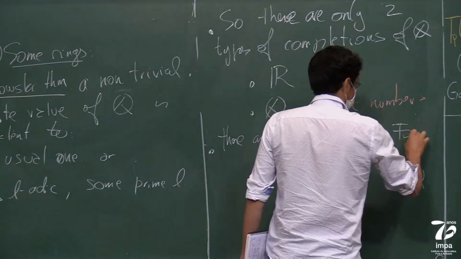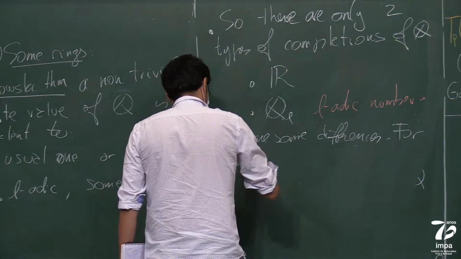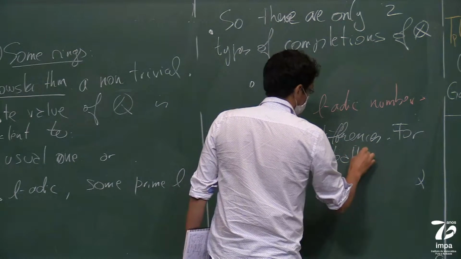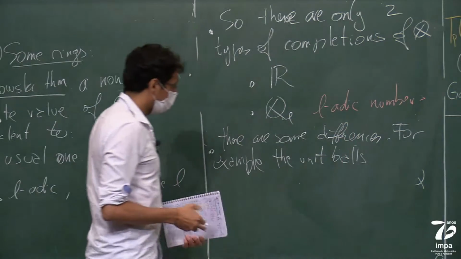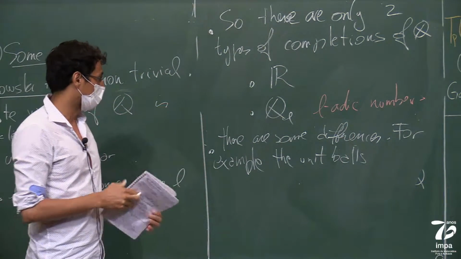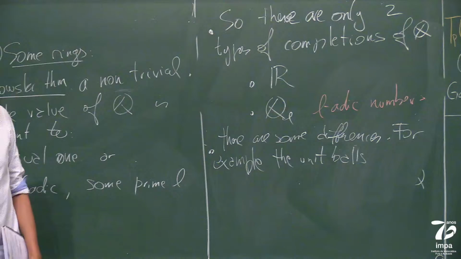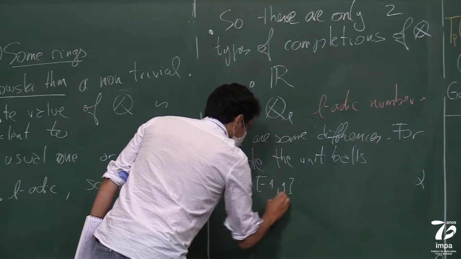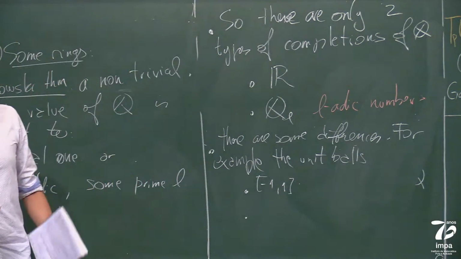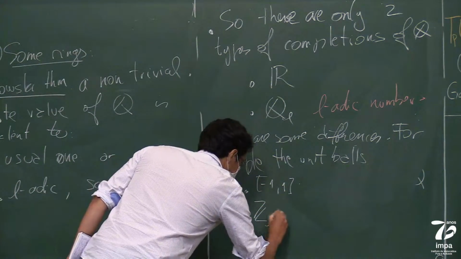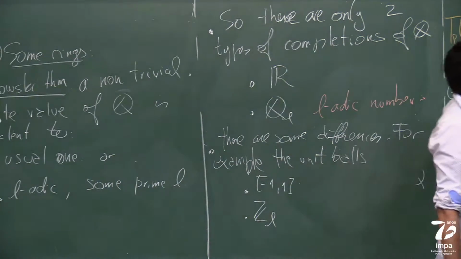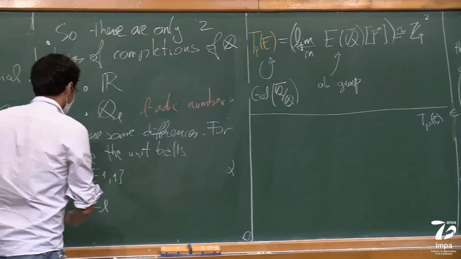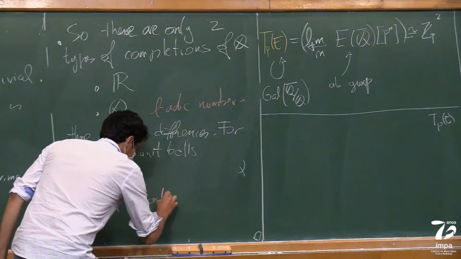For example, when you look at the unit balls of these two kinds of fields, where the norm is smaller or equal than 1, in the first case you obtain the interval [-1, 1]. In the second case, you obtain a ball, which normally you denote by Z_L, the notation that I use here. These are called the L-adic integers.